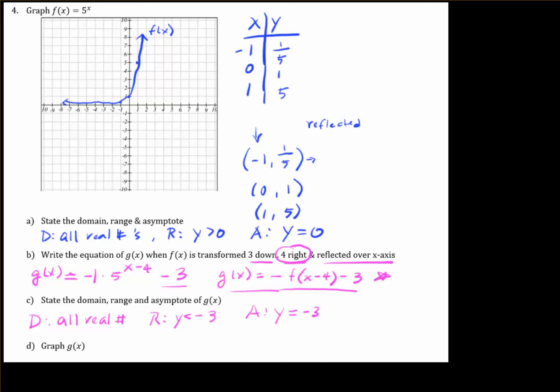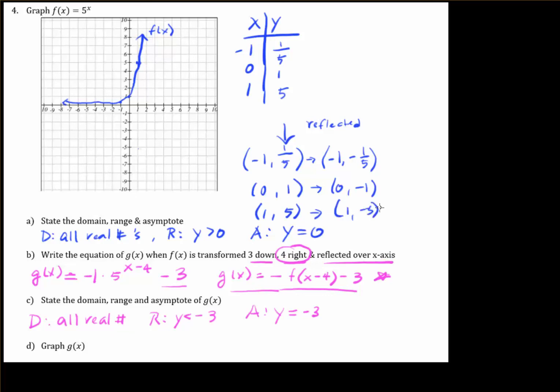The x values are going to stay the same, okay, but this point right here is now going to drop down to somewhere below, so that means that the y values are going to change signs. So we have -1, -1/5, and we have 0, -1 here, and then 1, -5 here.